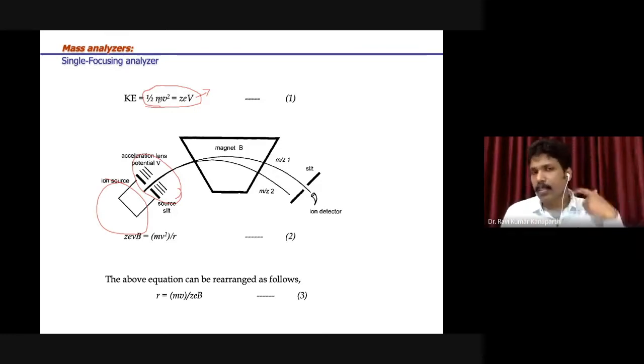That is the principle involved in single focusing mass spectrometers. You can see here that a beam of ions is coming out, and the moment they encounter the magnetic field, their path will be different. That depends upon the m by z, the mass to charge ratio, of the fragmented ion. So this is the principle that we generally use.